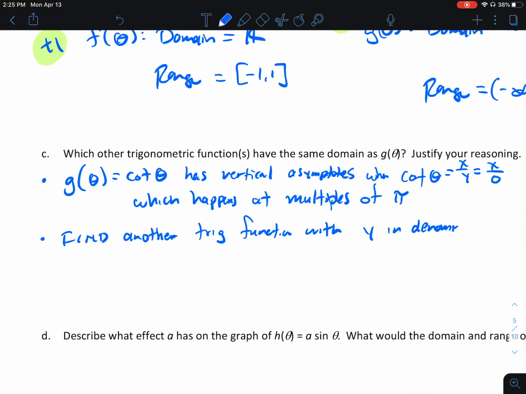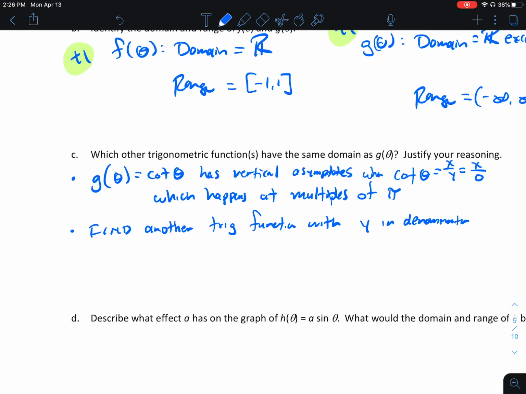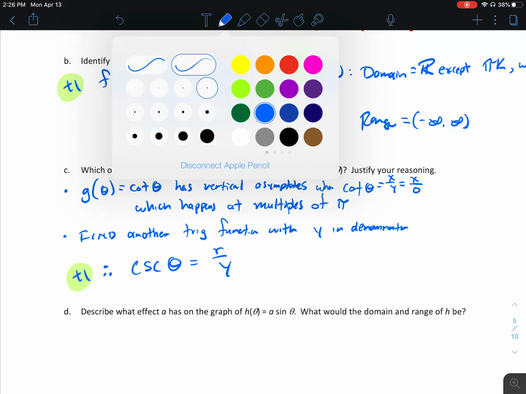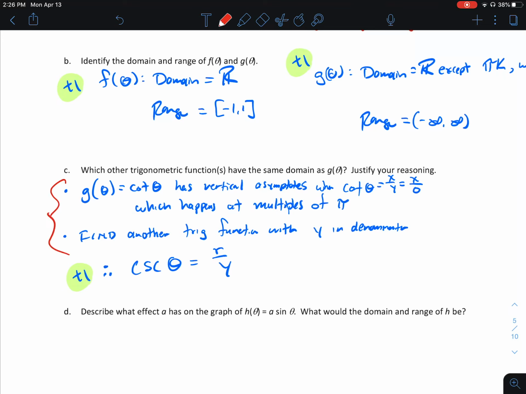Because then when you're dividing by y, you're dividing by 0, the same thing's going to happen. So that is cosecant of theta, because it's equal to r over y. As far as points go for this, you'd get a point for concluding that's cosecant, and you would get a point for saying both of these things here.